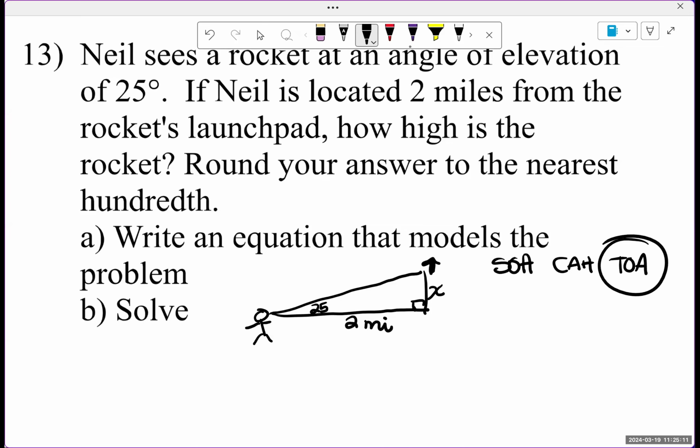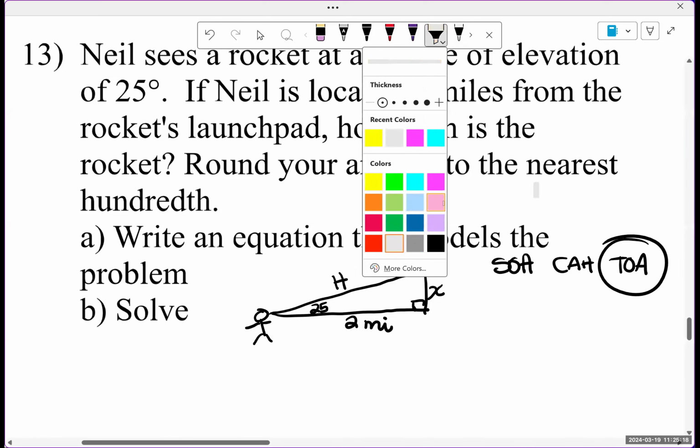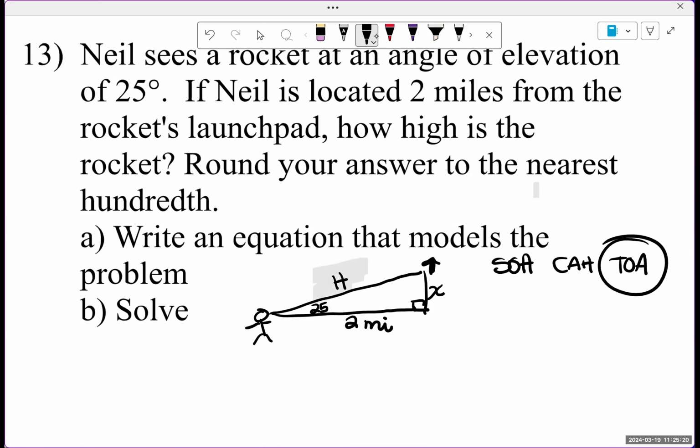So adjacent and hypotenuse, not using. We have opposite and adjacent. So tangent of 25 degrees is opposite over adjacent.